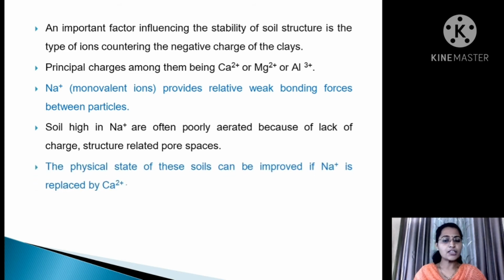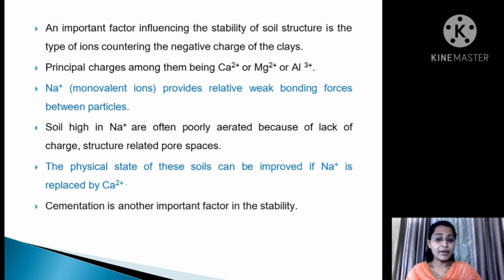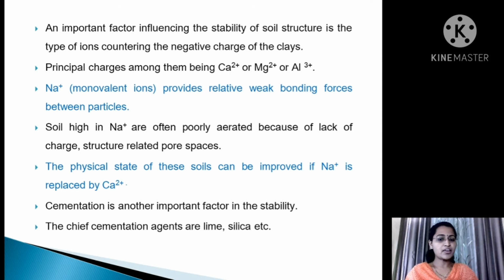The physical state of these soils can be improved if Na+ is replaced by calcium 2+. Cementation is another important factor in the stability, and the common cementation agents are lime, silica, etc. That means in this we see how we maintain the soil structure, or what we can do for maintaining the soil structure.